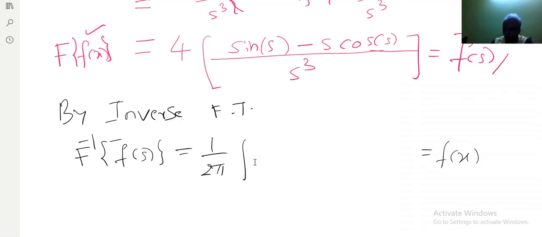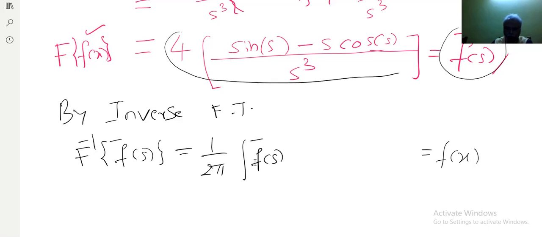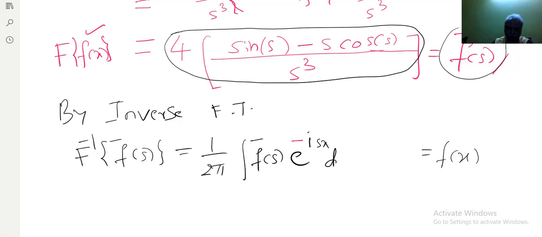If I do that to this function f bar s, never forget that. So now we will be copy pasting that here in the integration into e raised to, here negative sign is important, e raised to, for reverse we will be putting negative sign, e raised to isx ds, for reverse function always yes. So after integrating, whatever the output is there, that will be again back to f of x.